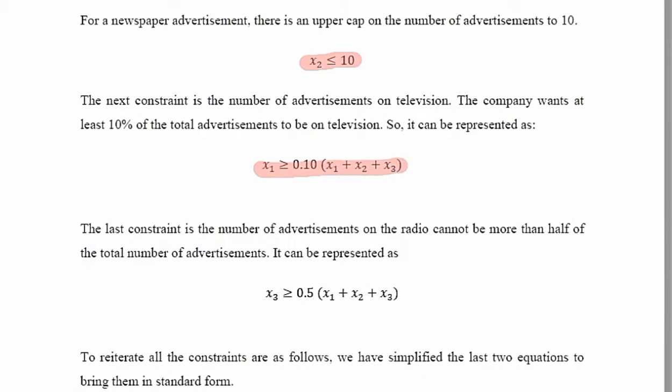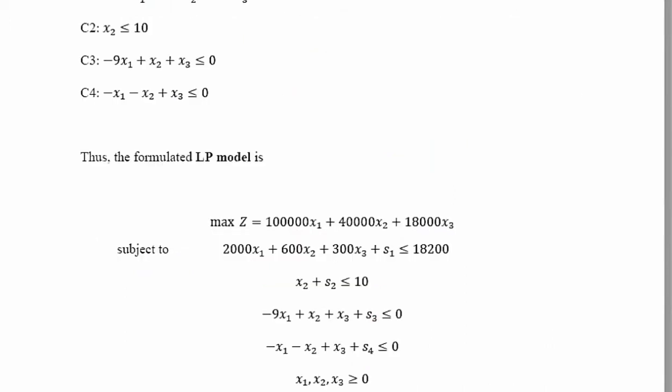And for the fourth constraint, the number of advertisements on the radio cannot be more than half of the total number of advertisements. So it can be represented as X3 is less than or equal to 0.5 times (X1 plus X2 plus X3). This is the fourth constraint. We need to put all the decision variables on the left side and the coefficients on the right side.